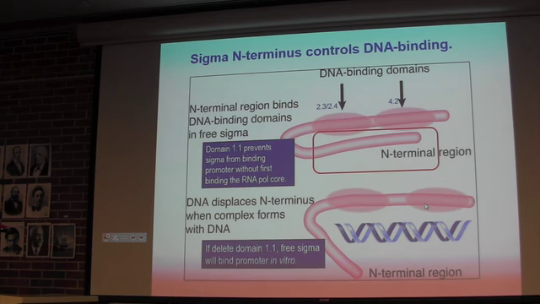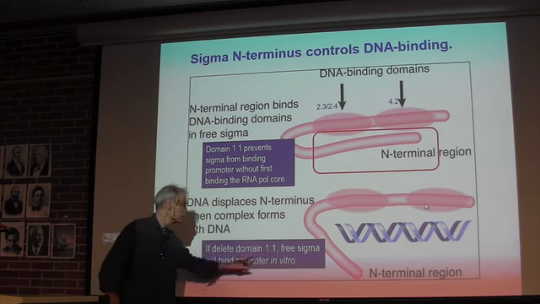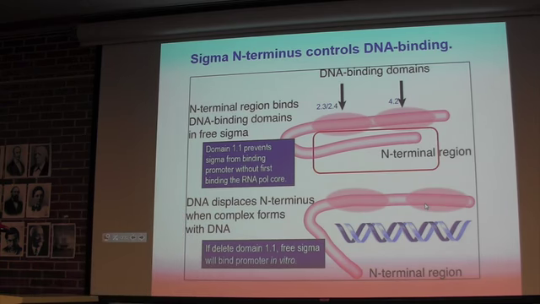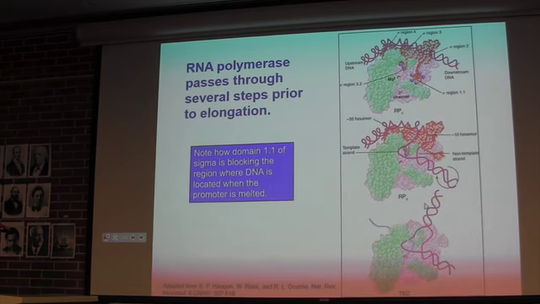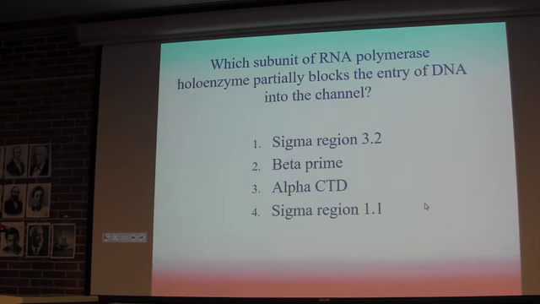If you delete domain 1.1, you can get free sigma to bind a promoter in vitro. And this is showing that domain 1.1, we've talked about that before, is initially occupying the channel and then it rotates away.